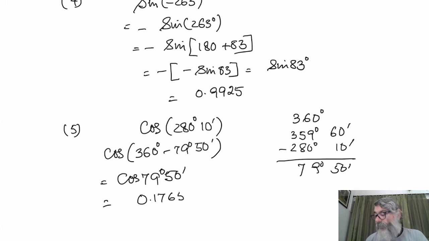Actually, you will be able to see 79 degree 48 minute, and then the 2 minutes difference is subtracted in cos, not added, like in sine, where the difference is added. In cos, the difference is subtracted, because the larger the angle becomes, the value of the cos decreases. Like cos 0 is 1, but cos 90 is 0. So when theta is increasing, the value of cos theta is decreasing, while in sine theta, the reverse happens.